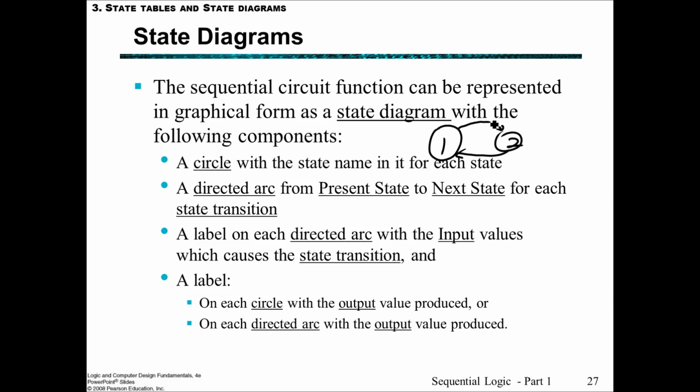What was the input value that made this state transition happen? Perhaps x equal to 1 meant that happened, and then when it's at 2, if x equals 1 again, then it just stays at 2. If x equals 0, then it goes from 2 back to 1, and at 1, if x equals 0, then it just comes back to 1 again. I'll talk about the labels in the next slide because they differ for the two different main types of state diagrams that we're going to be looking at.